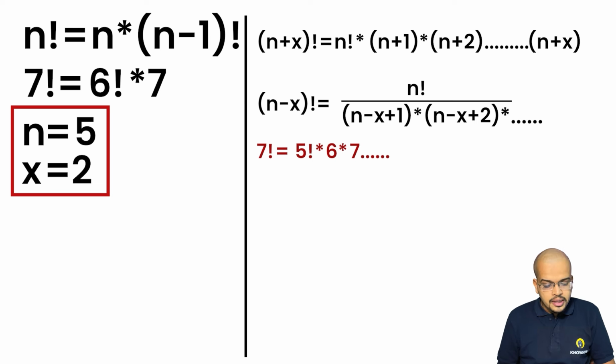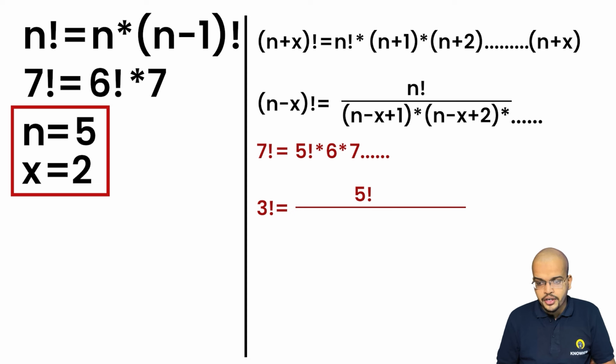So now the point here is, this is the n plus x factorial example. Now if I would like to explain the n minus x factorial example, what is n minus x? 5 minus 2, 3 factorial, right? So 3 factorial equal to, what is n? n is 5. So 5 factorial divided by n minus x plus 1.